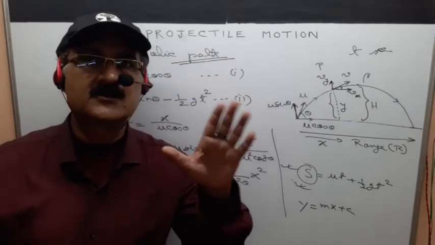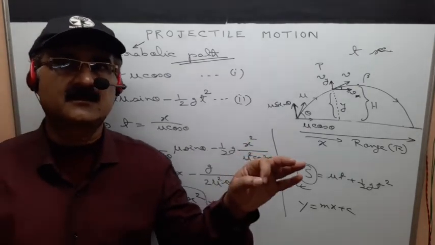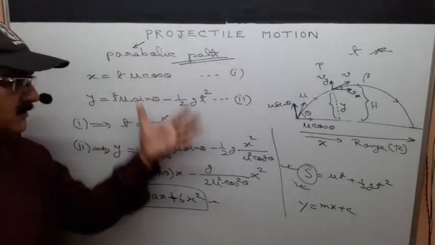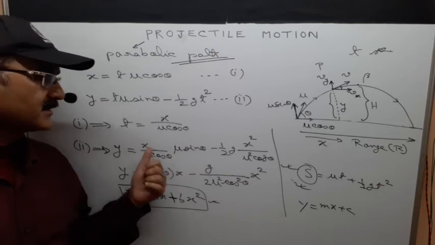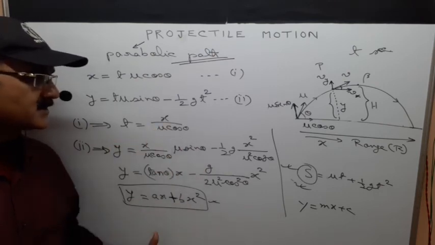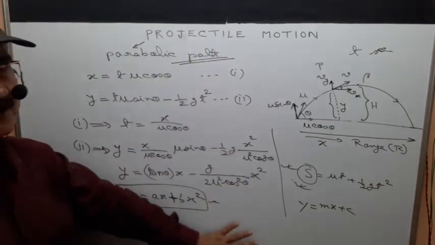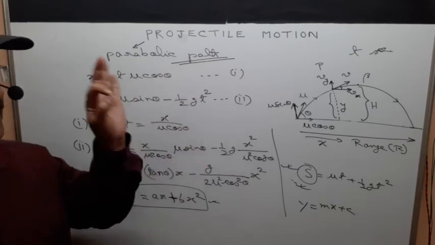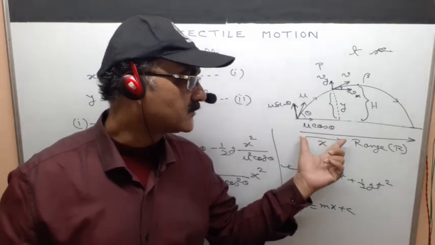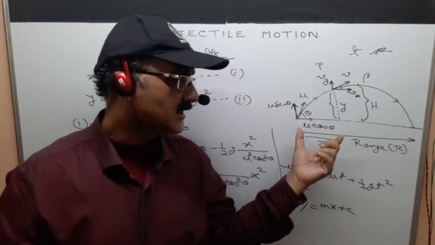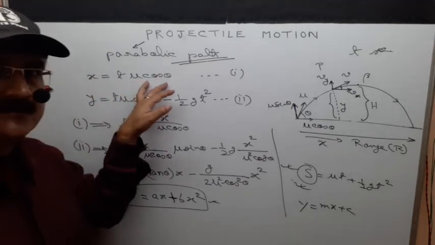So let me tell you something more. I have seen many students, in fact 80% of the students, memorize the whole thing. They try to memorize the whole thing, so somewhere if they make mistakes, everything goes wrong. Actually, you don't have to memorize the whole thing. What we have to understand is that at a particular point, if we take the coordinate to be x and y, x will be simply time into horizontal velocity.